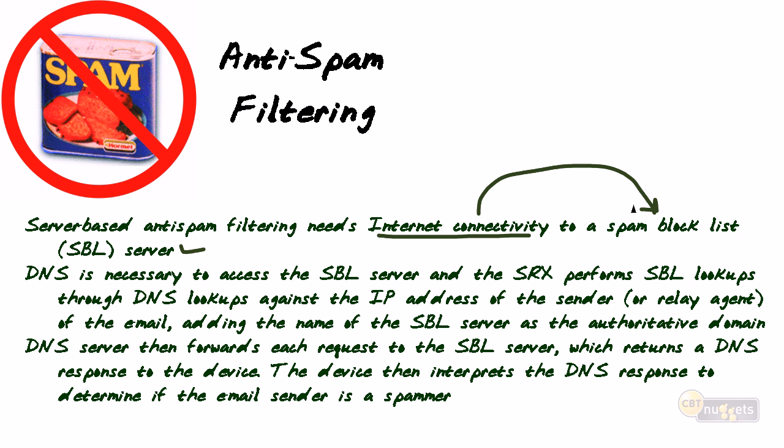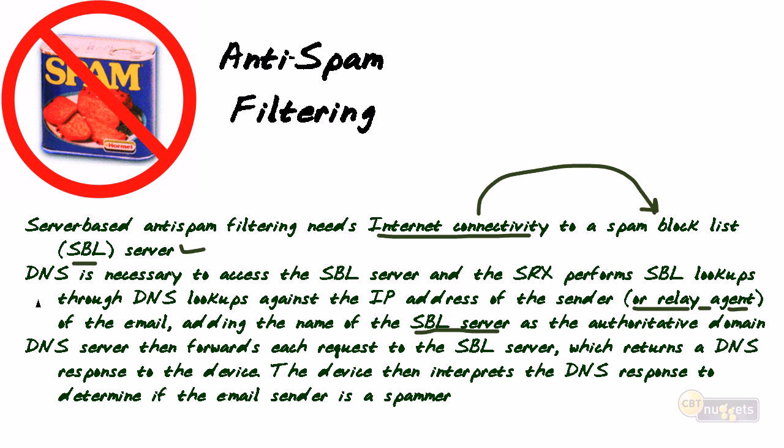Obviously, along with that, we need DNS. We'll need DNS to access the SBL server so that our SRX can perform these lookups through DNS lookups against the IP address of the sender, or in some, I would say, rare circumstances, a relay agent. Okay, the relay agent or the sender of the email. Then we'll add the name of the SBL server as the authoritative domain.